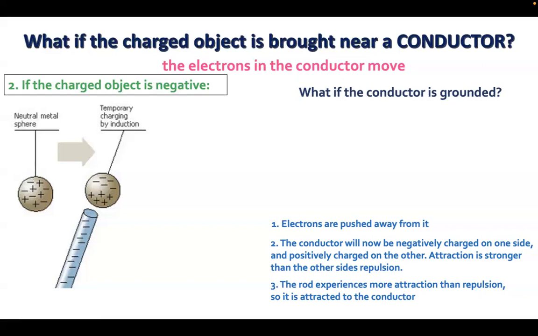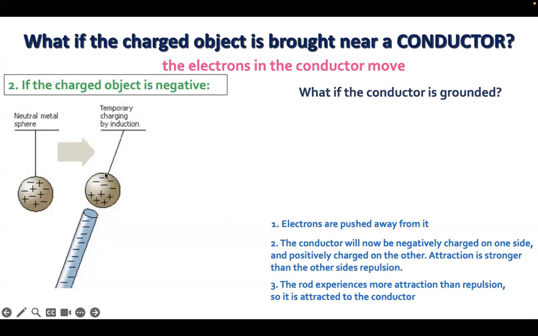Do you think this rod will attract charges from the ground or repel to the ground? It will attract. I mean, it's negative. So what will it attract from the ground? Positive. Can the positive charges move from the ground? No. So what then? Nothing will happen? No, something will happen. Think again. Yes, repulsion. There will be repulsion.